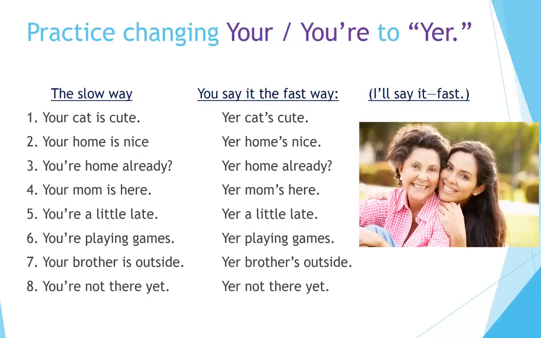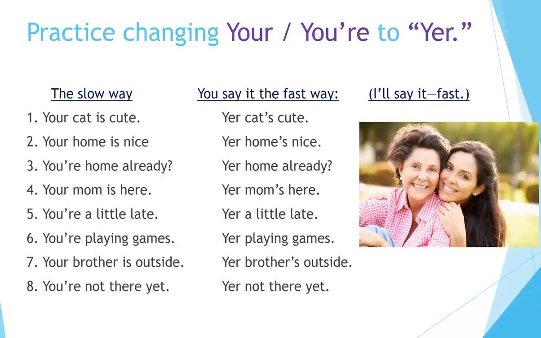Practice changing your or you are to your. We'll do it like this. First, I'll say it the slow way. Then you say it the fast way. Then I'll say it the fast way. Let's try the first one. I'll say it the slow way. Your cat is cute.